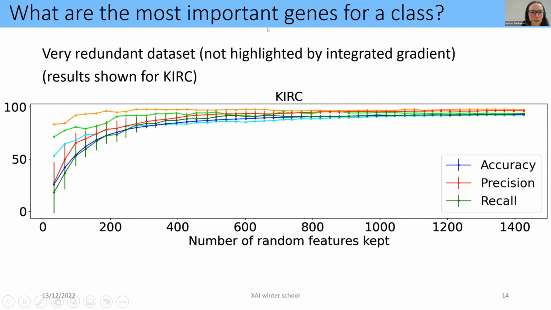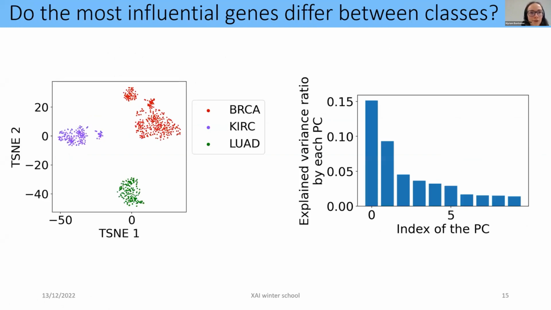So this is for the first question. The second question that interests us is: do the most influential genes differ between classes? Because for each class we have important genes, and do these genes differ between classes? They are supposed to, but we just wanted to check it.